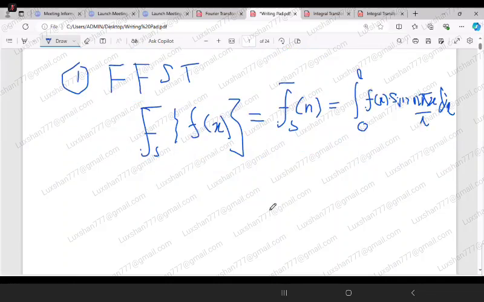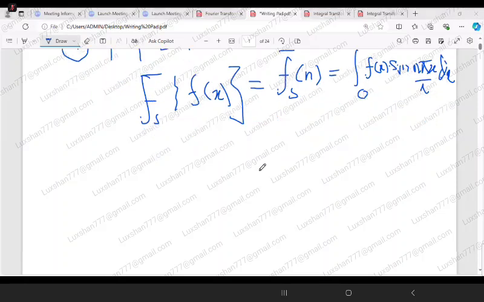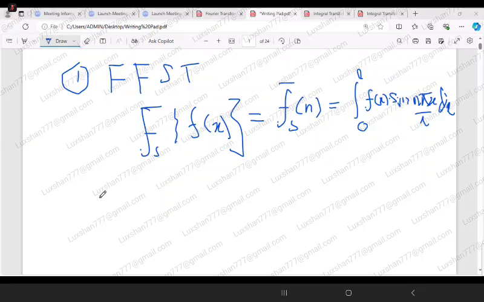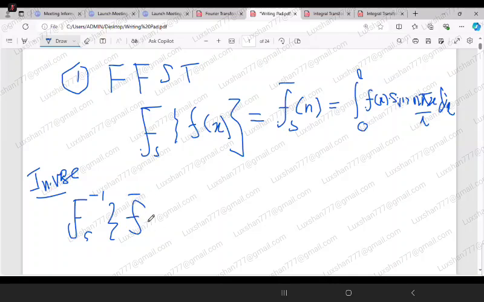The corresponding inverse one, that is f(x), equal to the inverse Fs of f bar s, which is actually equal to our original function f(x), because if we take the inverse, we get the original function f(x).